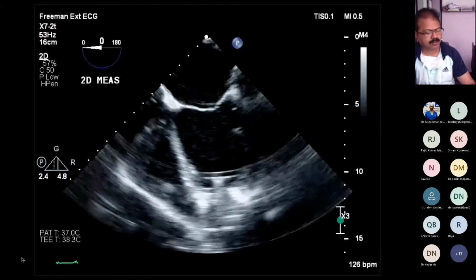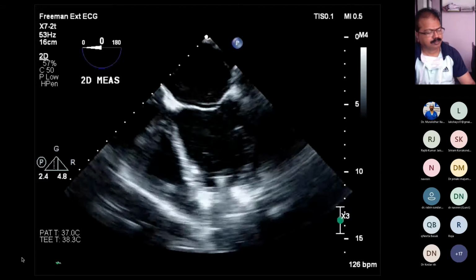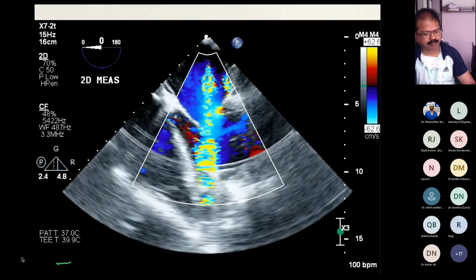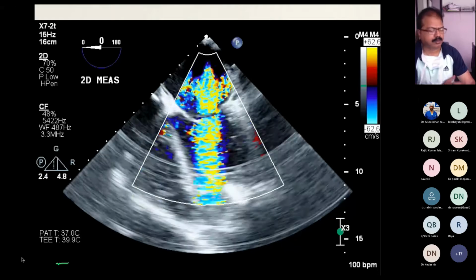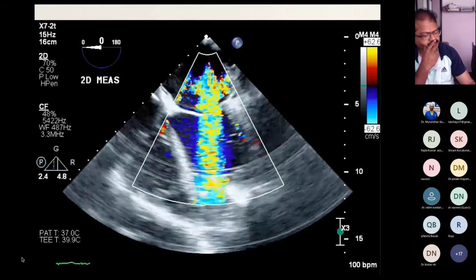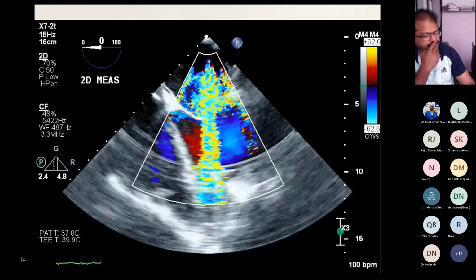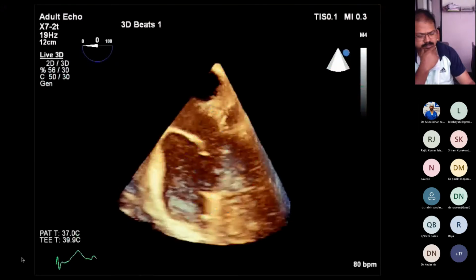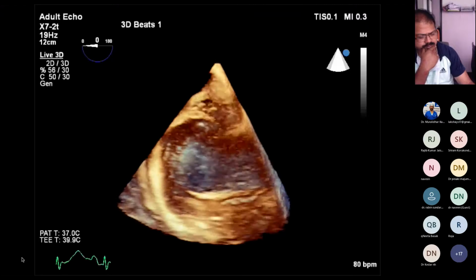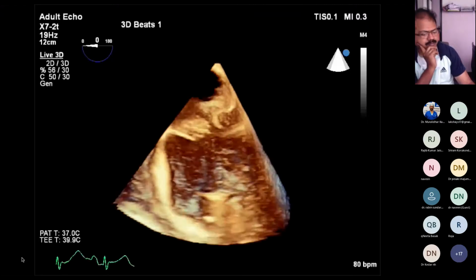And if you give color, there is a lot of flow aliasing, a lot of turbulence. I have worked with the third generation VAD, HeartWare VAD, which is a hardware VAD, and it gives a lot of color aliasing. In 3D it gives a slightly better image. You can see the cannula slightly better.